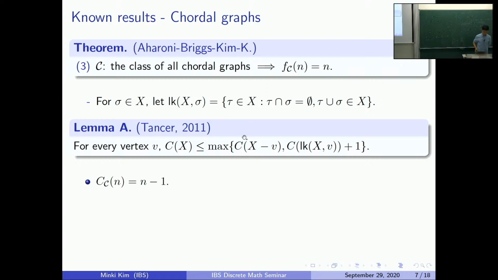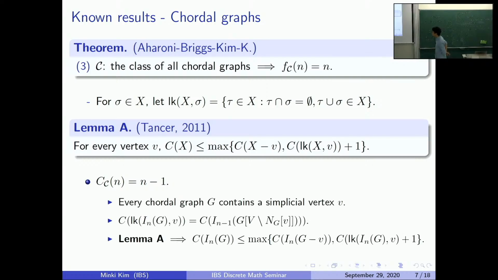Using this lemma 1, and also using the property of simplicial vertices, we can prove for chordal graphs, I_n of G is always n minus 1 collapsible. First, we find the simplicial vertex. Then this link complex is indeed the same as I_{n-1} of some induced subcomplex, induced by the vertices not in the closed neighborhood of v.